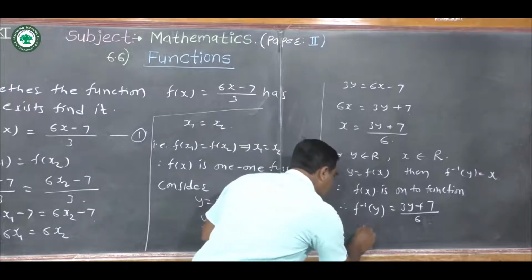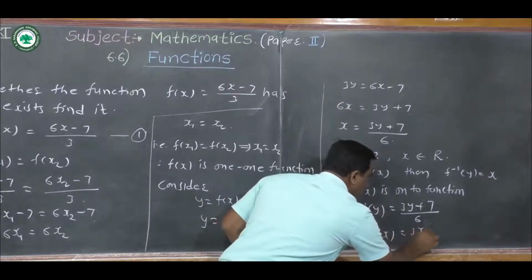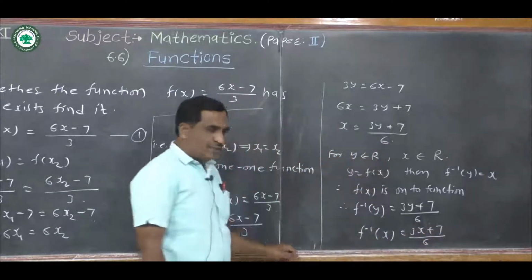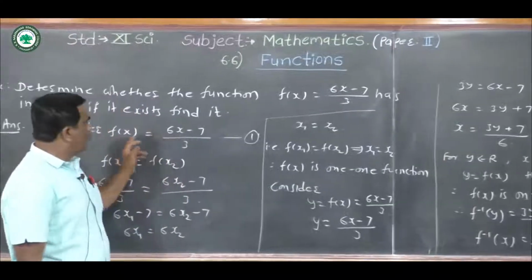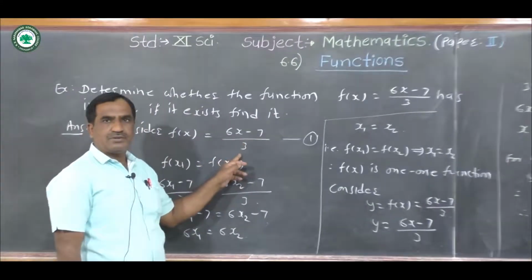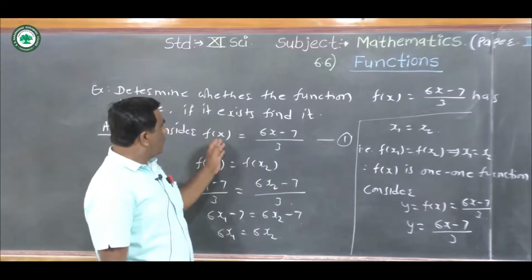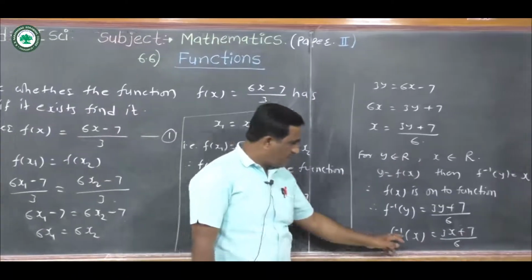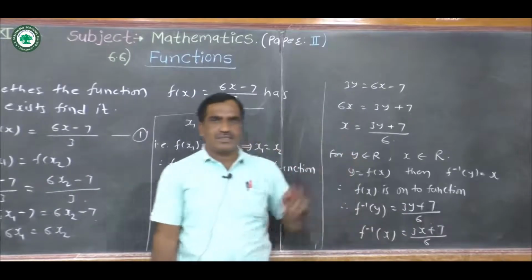Then we can write f inverse of x is equal to (3x plus 7)/6. This is the inverse function for the given function f of x is equal to (6x minus 7)/3. That is, the inverse function of this given function exists, and the inverse function is f inverse of x is equal to (3x plus 7)/6.